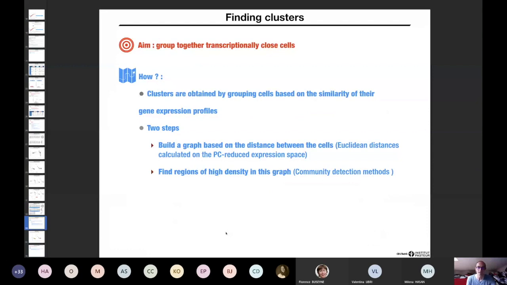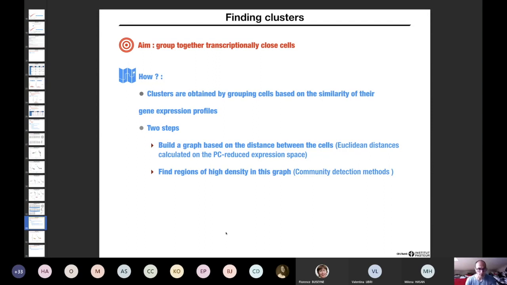So now that we have our cells projected on a nice 2D space, what we would like to do is to find the different clusters, meaning grouping together cells that are close at the transcriptional level. How can we do that? Usually the clusters are obtained by grouping cells based on the similarity of their gene expression. Whichever algorithm you choose, there are always two steps.